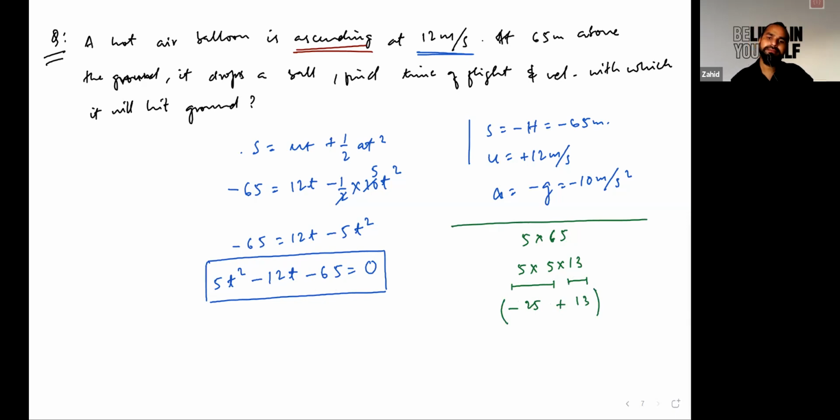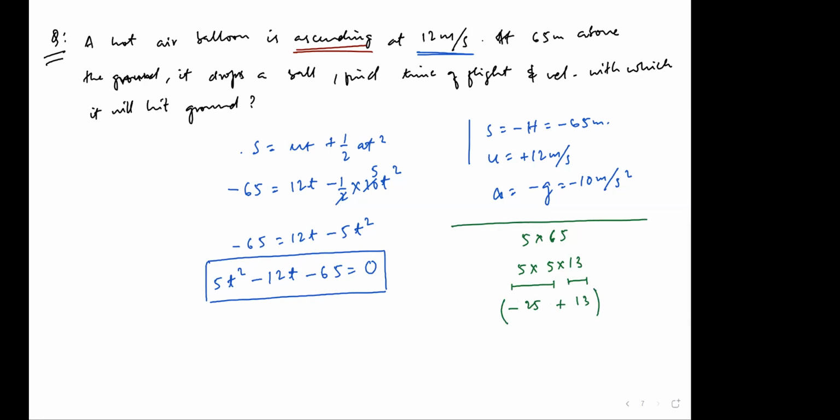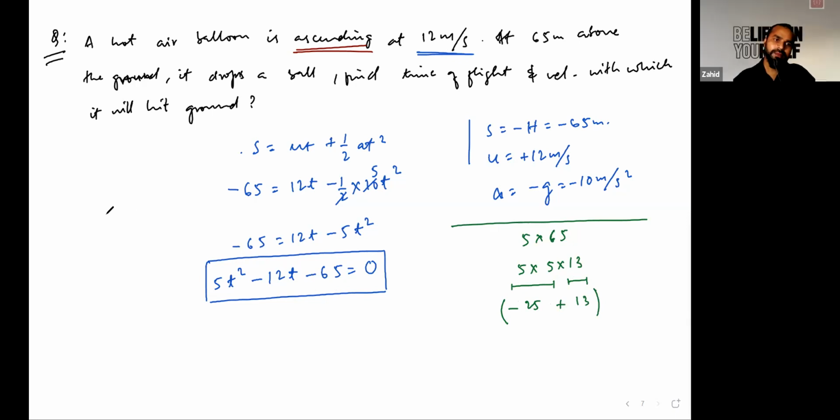Okay, Khalid? Yes, sir. Or you may use the quadratic formula. x equals minus b plus or minus the square root of b square minus 4ac, over 2a. In this expression, b is the coefficient of t, a is the coefficient of t square, and c is the constant part. You can directly solve any quadratic equation using this.